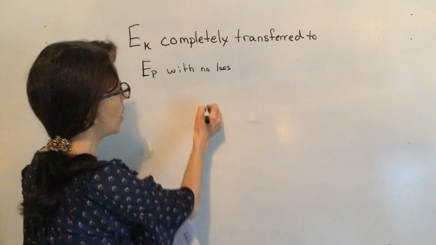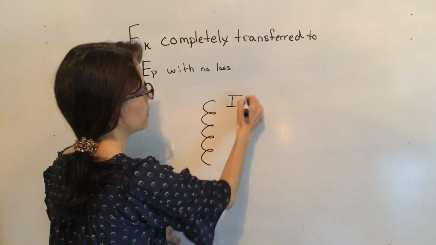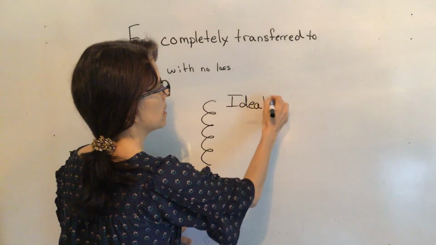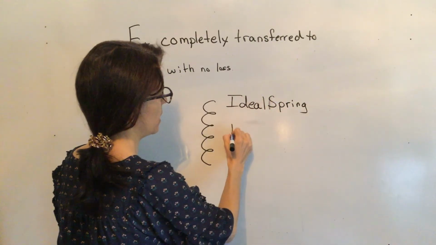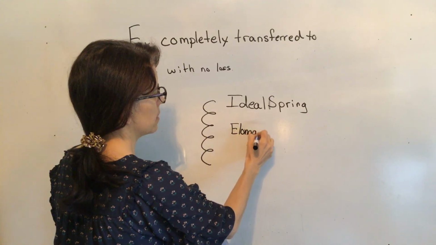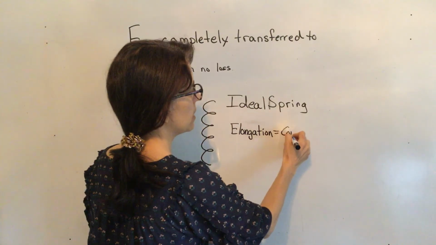How about a perfect spring? In physics we have ideal things. The ideal spring is perfect. So here my elongation distance equals my compression.